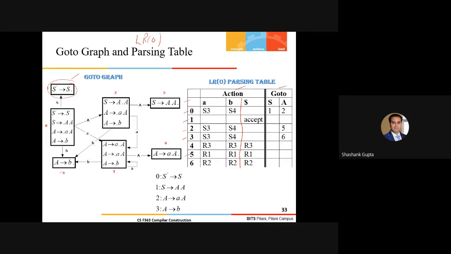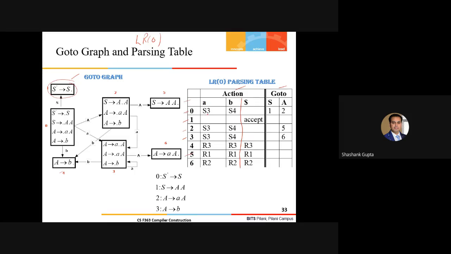Now, how will I read this? How will I capture this while taking the parsing action? At any point of time, if the top of your stack contains, let's say, state 0, and your lookahead pointer is pointing to the symbol A, then you should perform the shift operation and go to state 3.